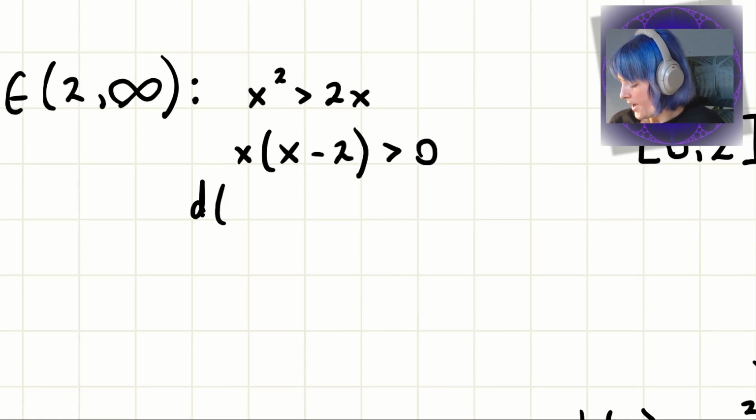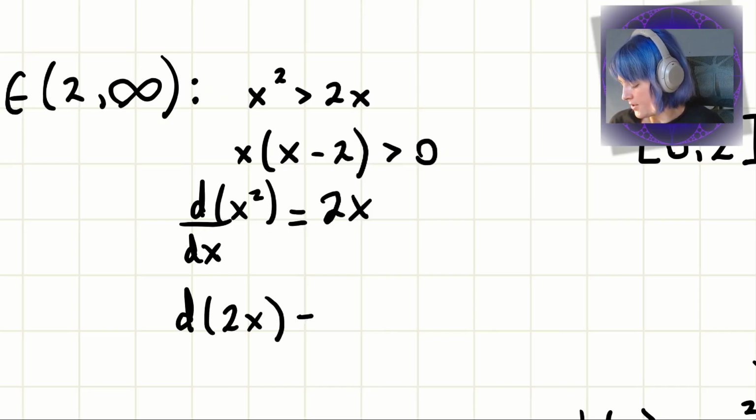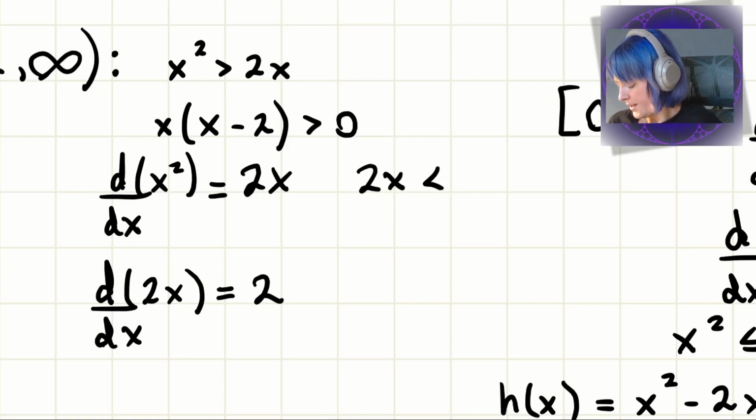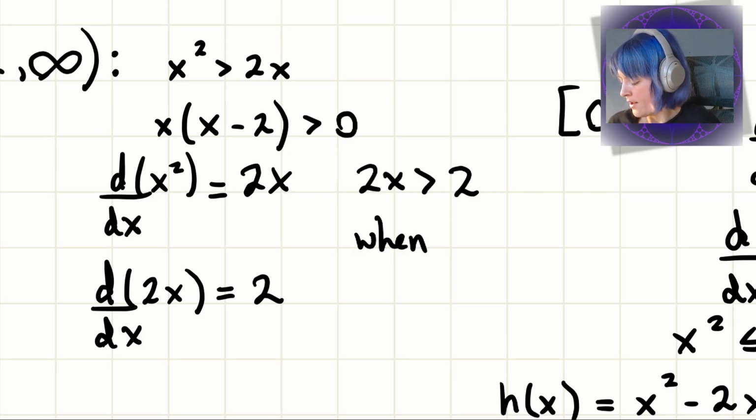So we know that the rate of change of x squared is 2x. We know the rate of change of 2x is 2. And so we know that 2x is greater than 2 when x is greater than 1.